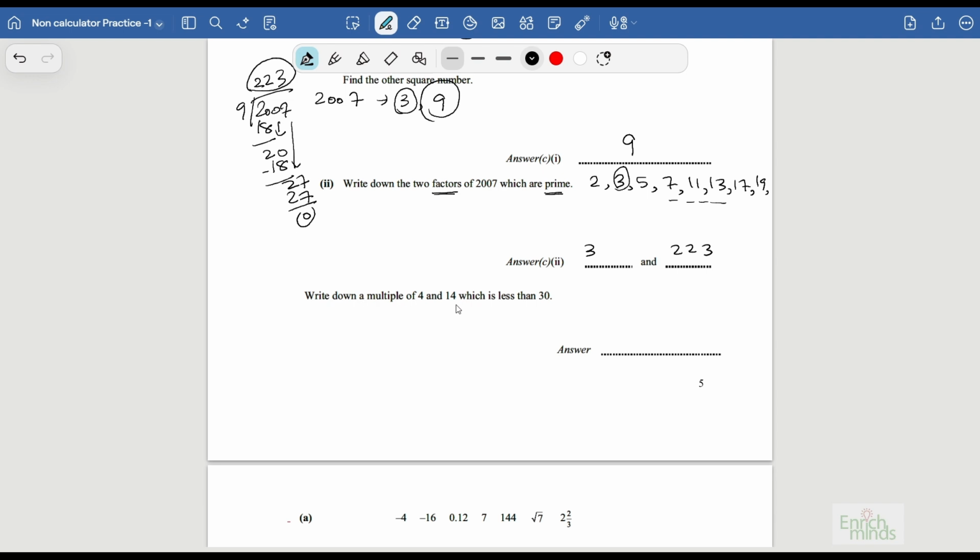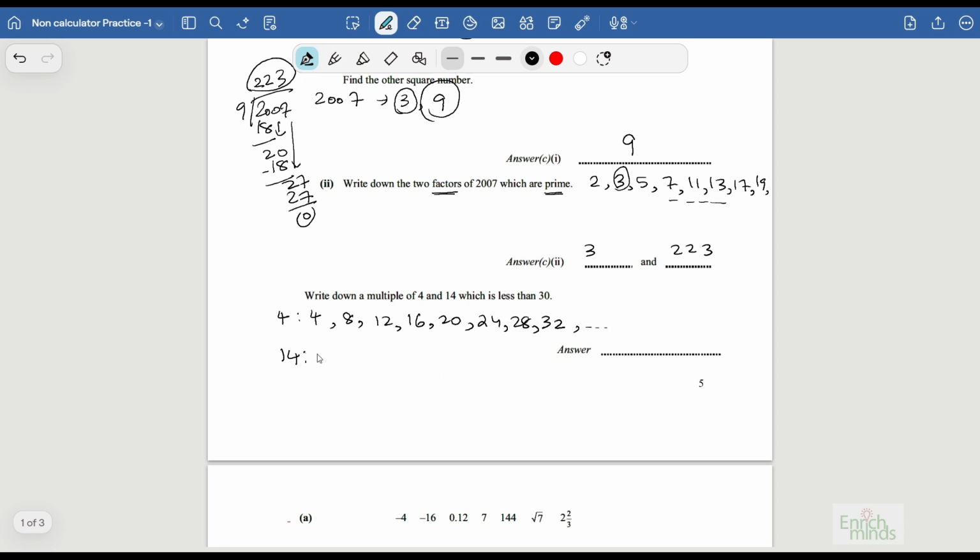Write down a multiple of 4 and 14 which is less than 30. Well, we can write the list of all the multiples of 4 and 14. The first multiple of 4: 4 ones is 4, 4 twos is 8, 4 threes is 12, 4 fours 16, 4 fives is 20, 4 sixes 24, 4 sevens 28, 4 eights is 32, and there are many more.